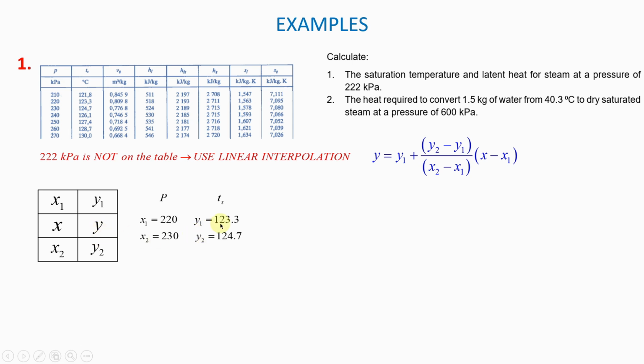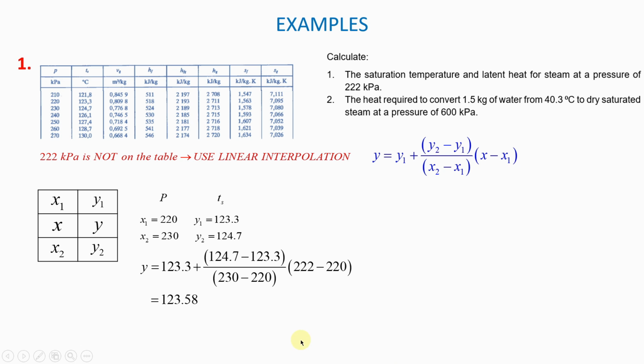This y will be the TS for a pressure x, which is 222 kilopascals. So x here is in between x1 and x2, and the y value that we're trying to find for this x will be somewhere between y1 and y2. So now that we have these, we can plug in the values in this linear interpolation equation and look for y.